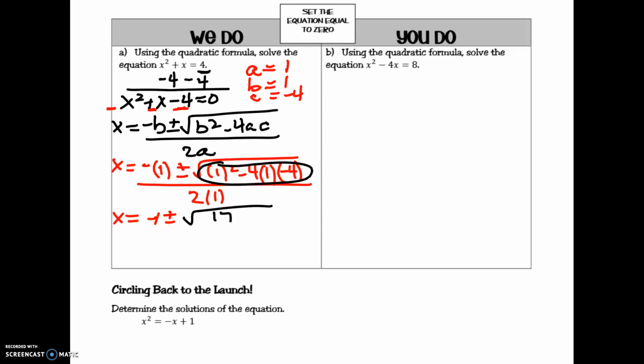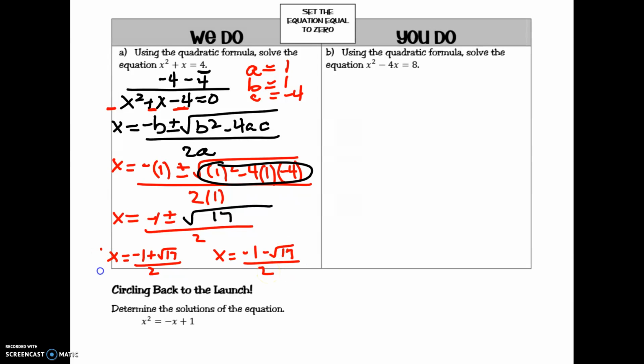And that's going to be all over 2 times 1, which is just 2. Here's where I would break my two roots up using the plus or minus. So my first root is going to be x equals negative 1 plus the square root of 17 all over 2. And my second root is going to be negative 1 minus the square root of 17 over 2.